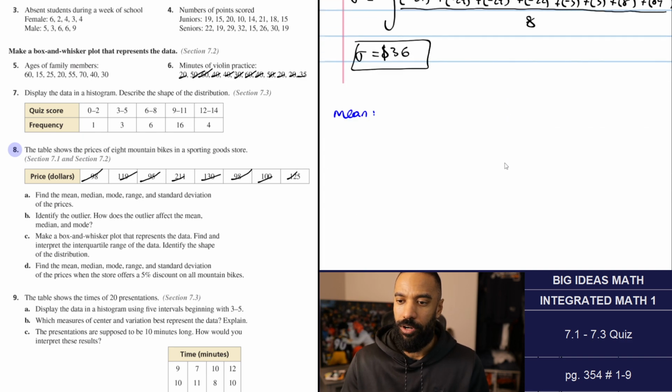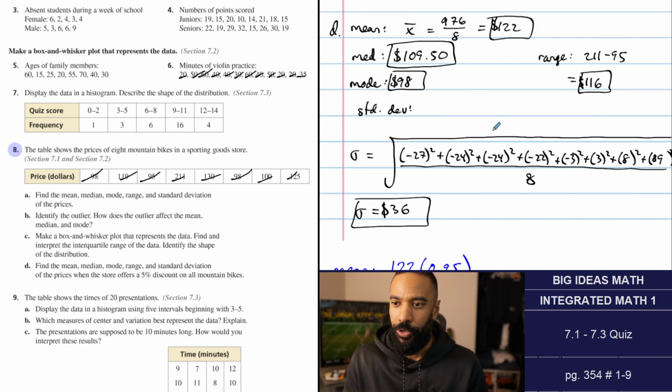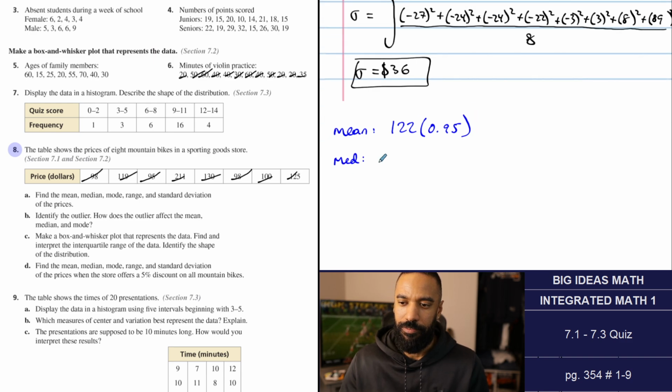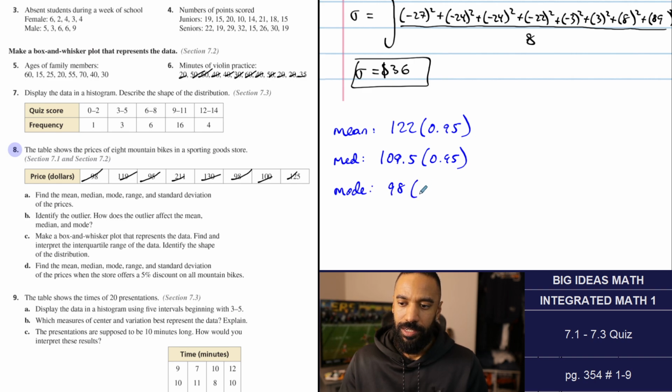So I have to do $122 times 0.95. The median, I have to do $109.50 times 0.95. The mode, I think, was $98. I got to do 98 times 0.95.